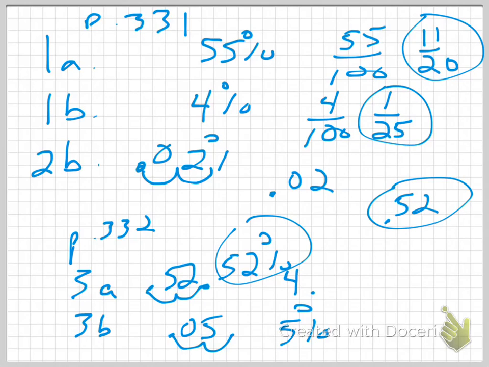And then the last one, number 4 down there, it says write the fraction 1/20th as a percent. How do I write that as a percent? I'm changing it from a fraction to a percent. I solve the percent proportion, right?